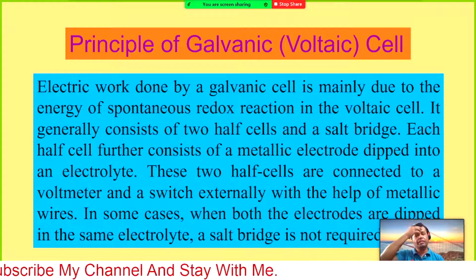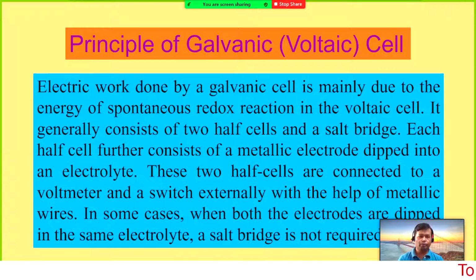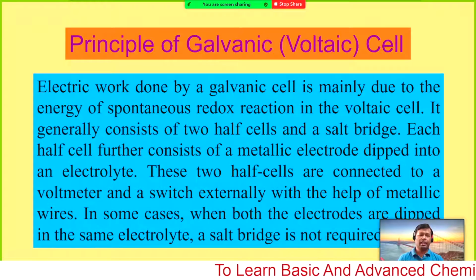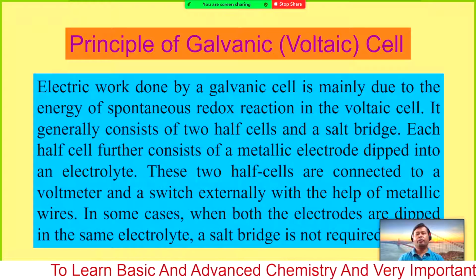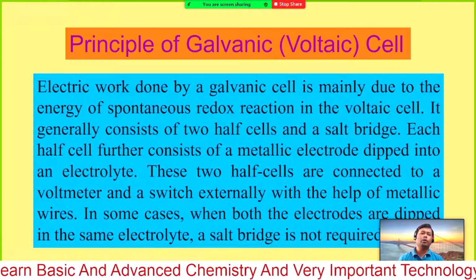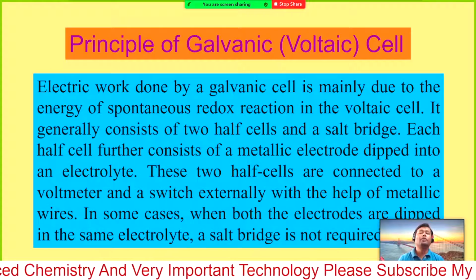So we need to make some barrier so that the ions cannot move easily, if you need to get the electrons out of the cell. Each half cell further consists of a metallic electrode dipped into an electrolyte. So what does the half cell consist of?